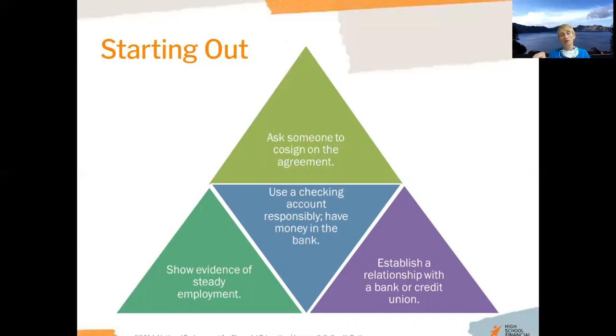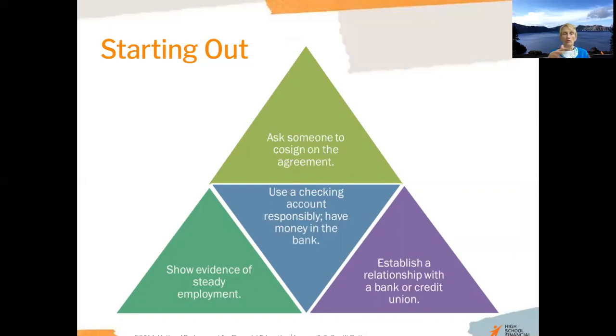But also it helps you establish that relationship with a bank or credit union. So if you've had money in their bank for a couple years, that specific bank may be more likely, in most cases, to then take a chance on giving you a loan than some other bank.